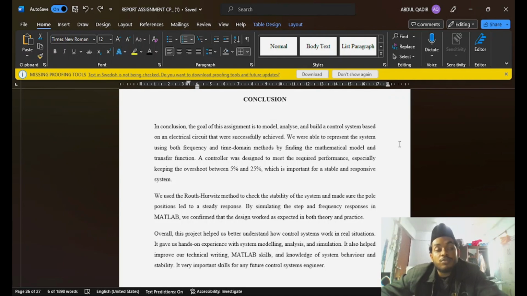Through this, we improved our understanding of control theory, developed MATLAB simulation skills, and showed how control concepts are applied in real world engineering. This project prepares us for future work in automation, robotics, and systems engineering.